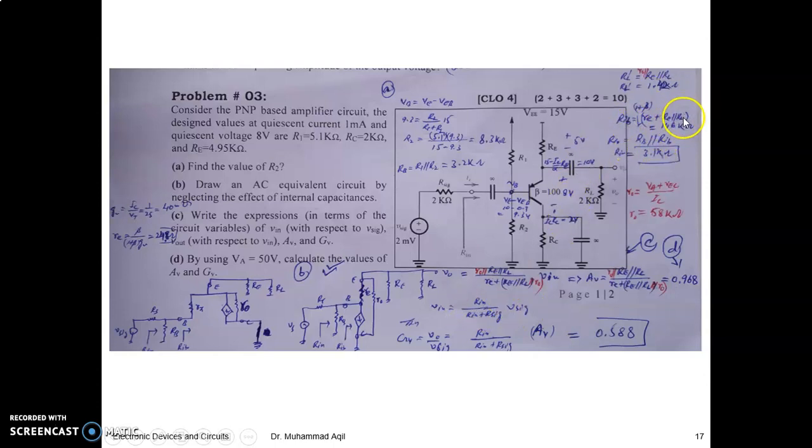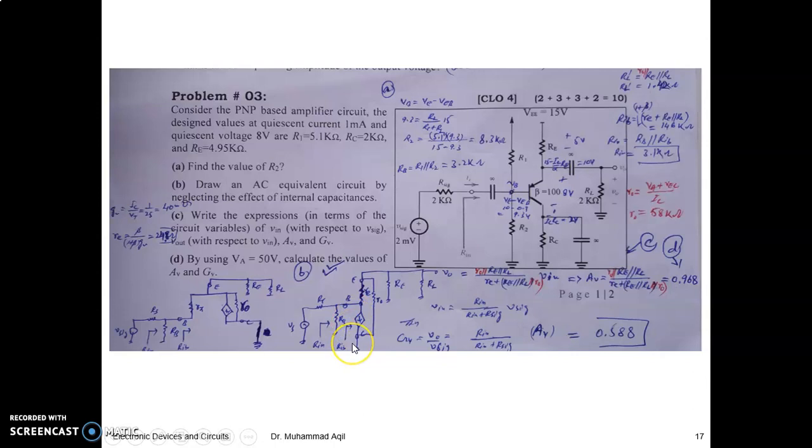RIB is already found, right? Please put R naught here. So this is done for this one. How about V out? Since this V in will be across this resistance Rin and its parallel resistance RIB, right?